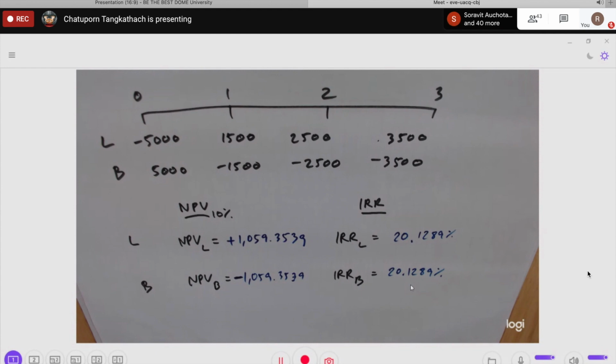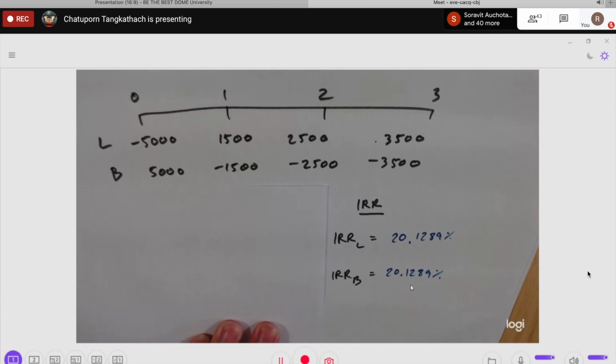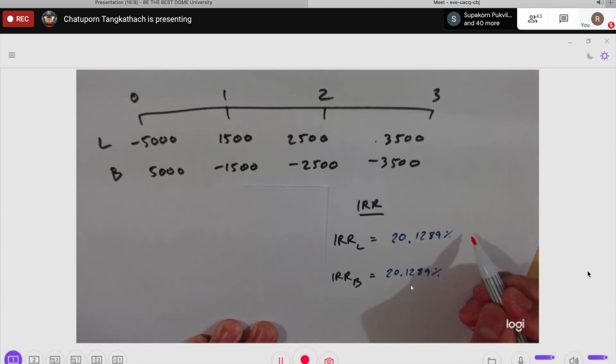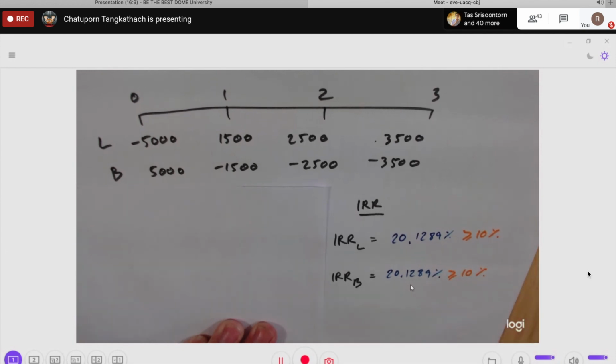For IRR, the rule is that we compare IRR with the required return, which equals 10%, and check whether it is greater than or equal to 10% or not. You can see that IRR for both projects is greater than 10%. So according to IRR, the conclusion is that you may accept both of them.